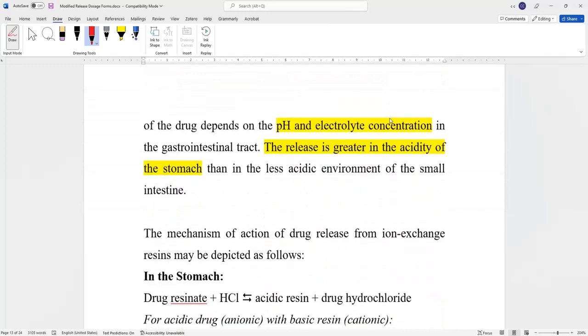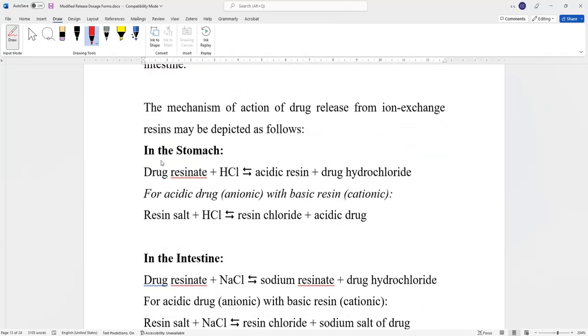In order to know how this happens, let us see what happens in the stomach if we are talking about a cationic drug, so a basic drug, with an acidic resin.